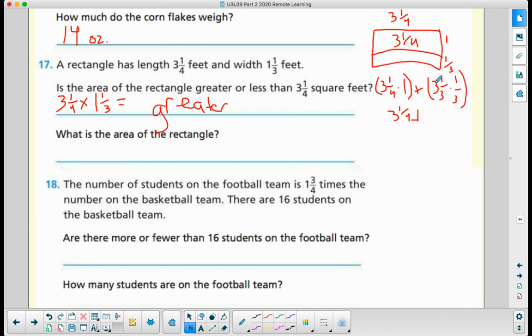Well, no, I won't. I'll show it. 3 1/3 is 3 groups of 3 wholes, 3 times 3, 9/3, plus one more would be 10/3, multiplied by 1/3.